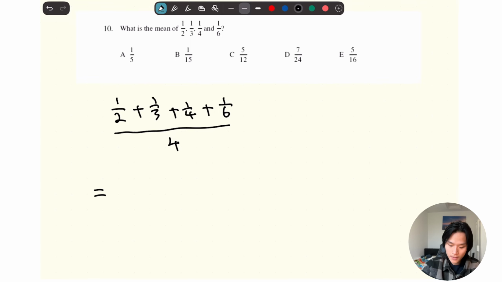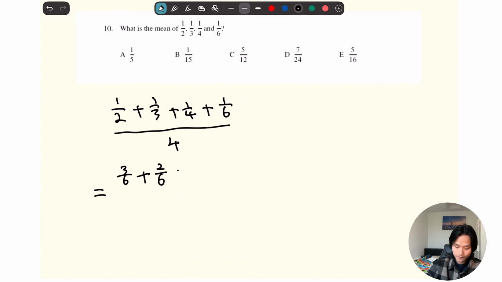So let's take a look at a half and a third first. So let's try and merge them together. For half, I will rewrite it as 3 divided by 6, and for a third, I'll rewrite it as 2 divided by 6.